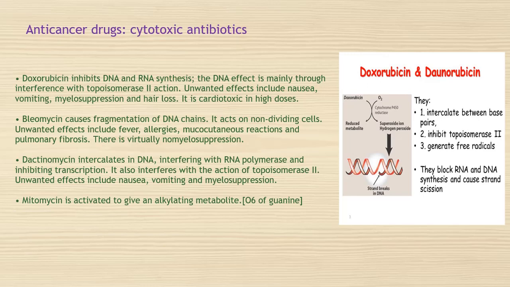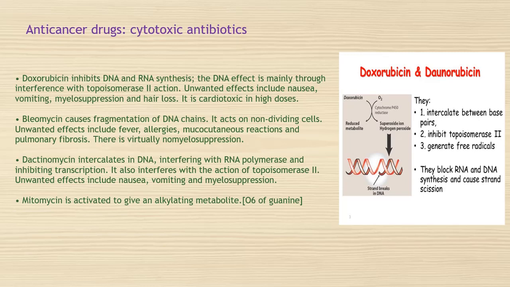The other drug, dactinomycin, intercalates in the minor groove of DNA, between adjacent guanosine-cytosine pairs, interfering with the movement of RNA polymerase along the gene and thus preventing transcription. There is also evidence that it has a similar action to anthracyclines on topoisomerase 2. The unwanted effects of this drug include nausea, vomiting, and myelosuppression.